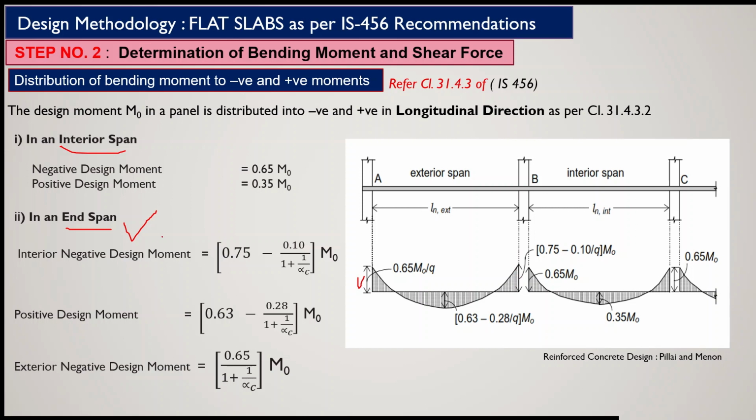When you are calculating interior negative design moment, this will be the moment at the face of the interior support. Now this is the positive moment which is given by this formula. This is the actual meaning of the positive moment, and this is the negative moment at the exterior support, which we have calculated by this formula. Here we have taken it in the form of M naught by q.